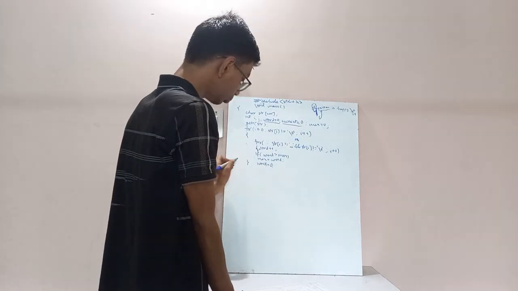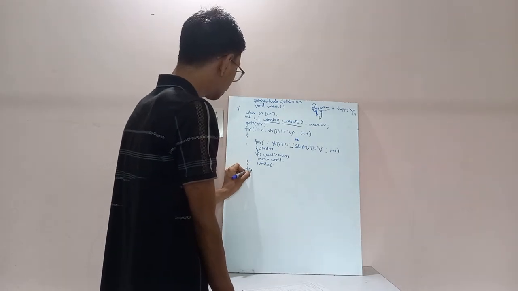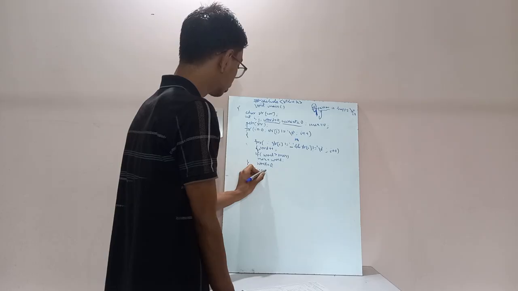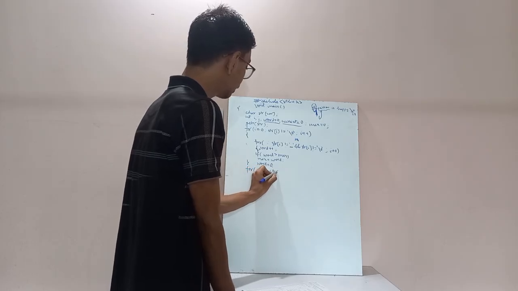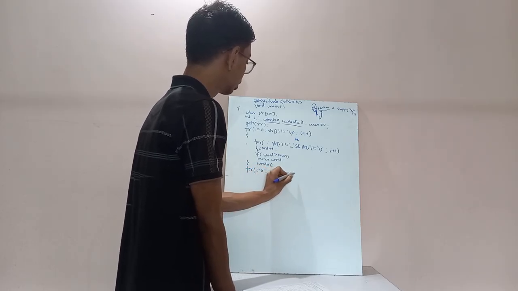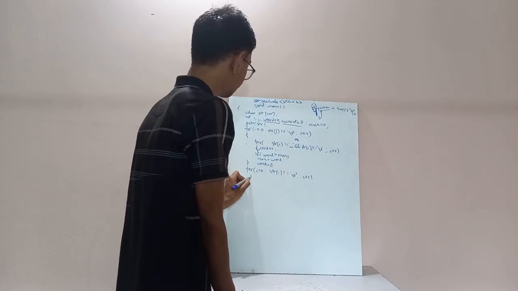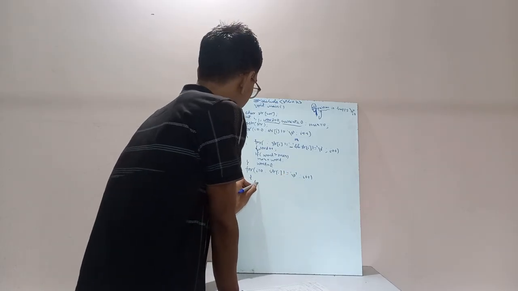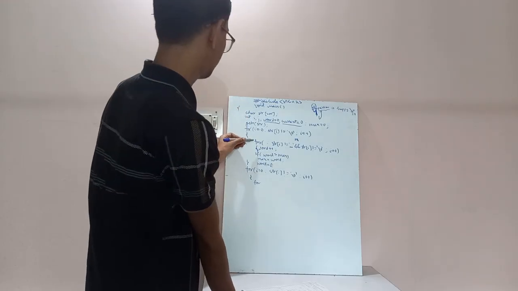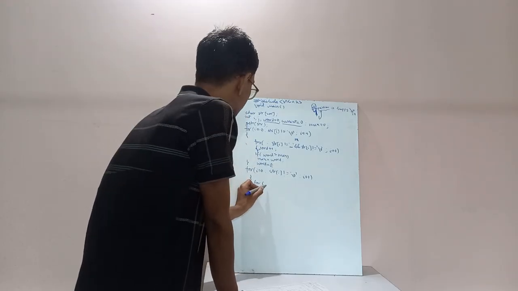Now again I will write a for loop, again the same thing from 0 to the last element, and then again, I think, okay, it's right.